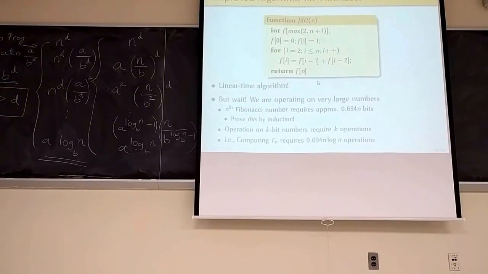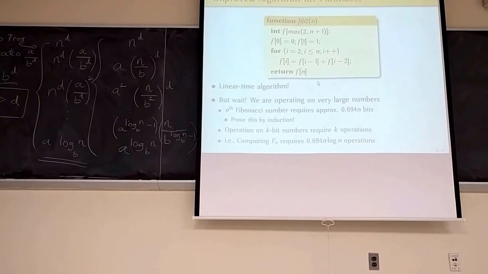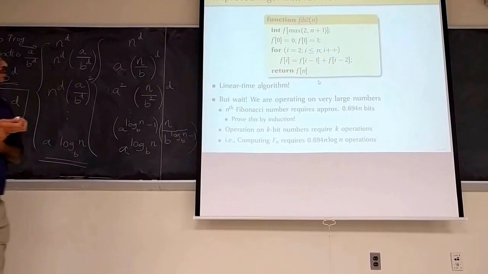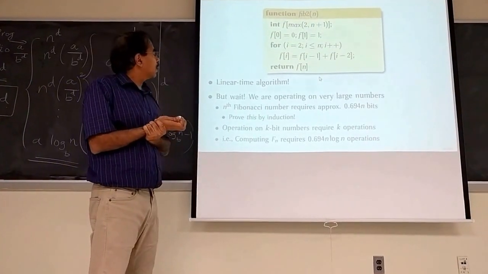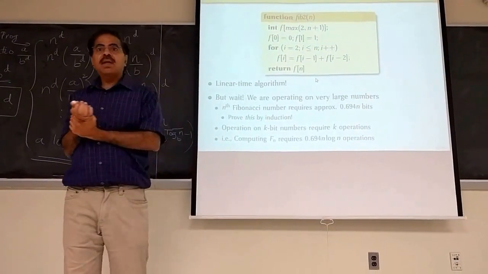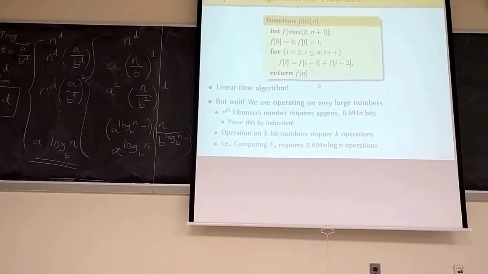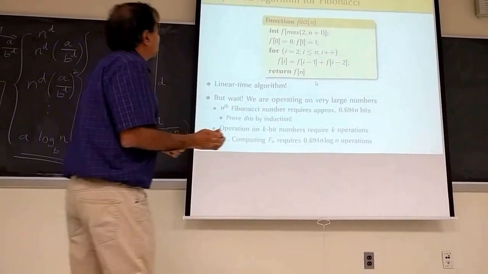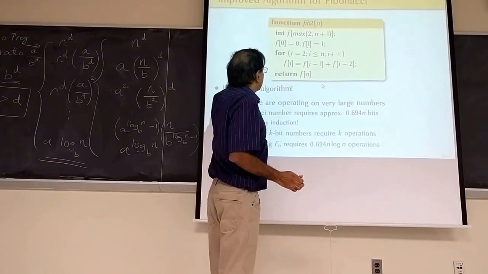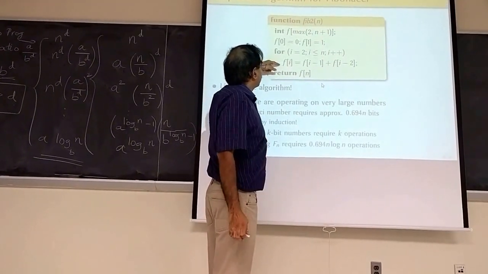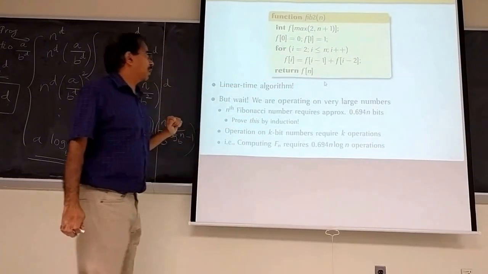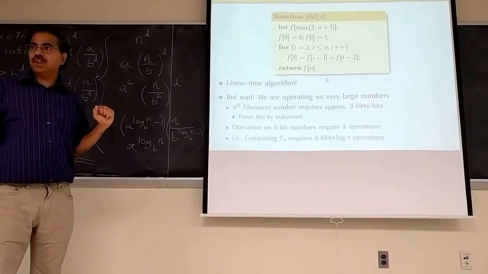So of course you can also write a much more efficient version of Fibonacci using an array to remember previously computed values of our previous Fibonacci numbers, right? So then you have a simple iterative formulation where you say F of i is F of i minus 1 plus F of i minus 2.